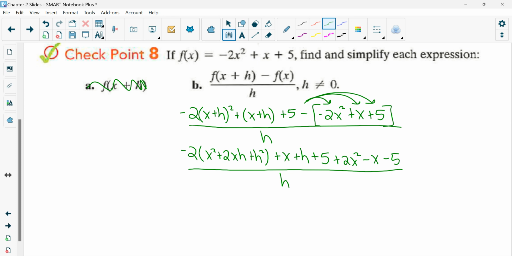And then we can distribute that negative 2 that's in the front here. So negative 2x squared minus 4xh minus 2h squared. And I'm just rewriting the rest for now.